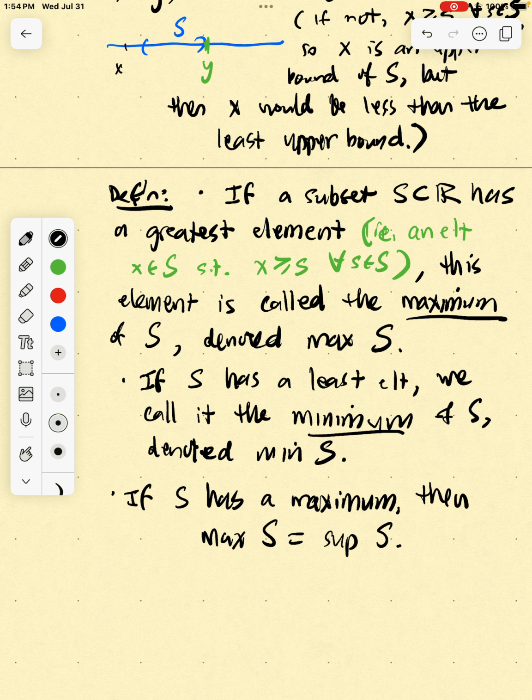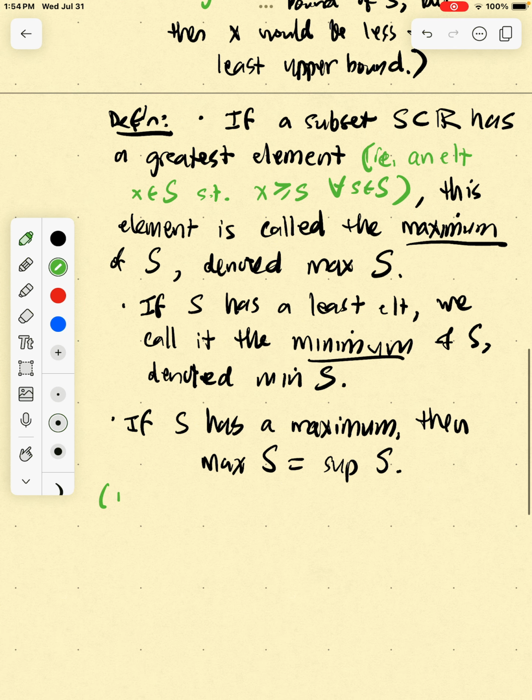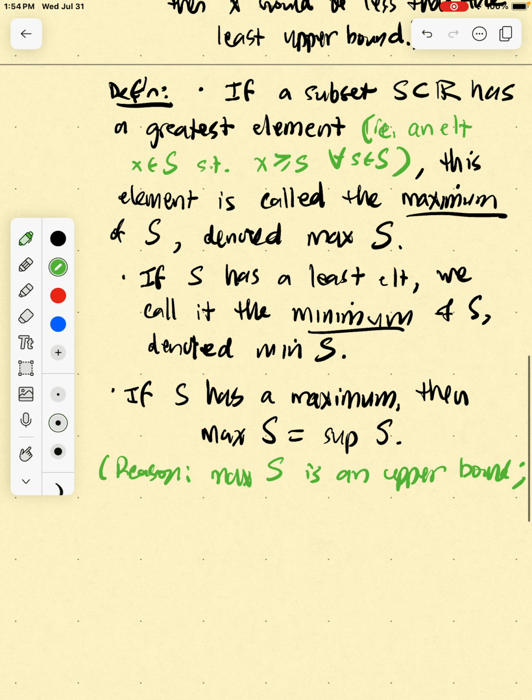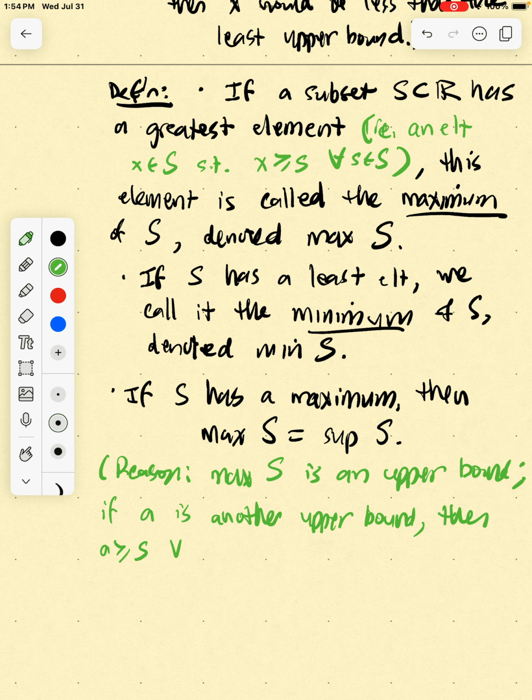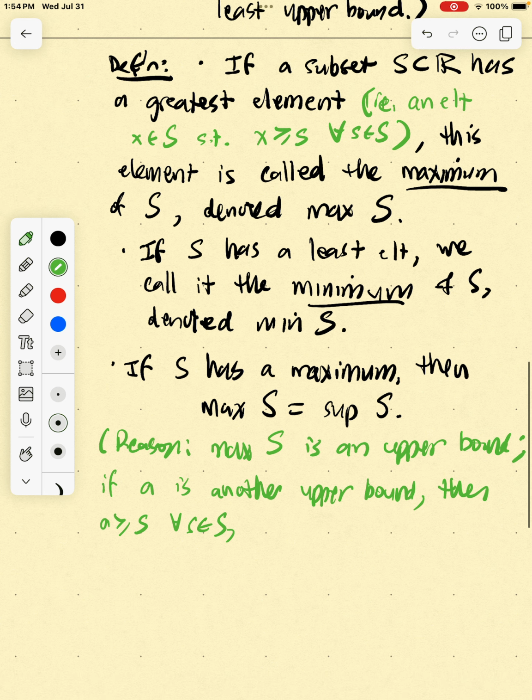So the reason is, we know that max S is an upper bound. Why is it a least upper bound? If A is another upper bound, well, we know that A is greater than or equal to S for all elements of S. In particular, A is greater than or equal to the maximum of S, right?